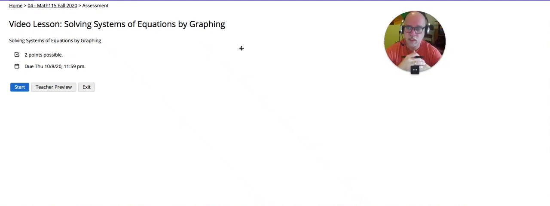I wanted to look at the next big unit that we're talking about in 115, which is solving systems of equations, which you know what they are already, but I'm going to give it a quick review of what you should already remember that we know how to do with this. A system of equations is basically some value of x and y that solve two equations at the same time.